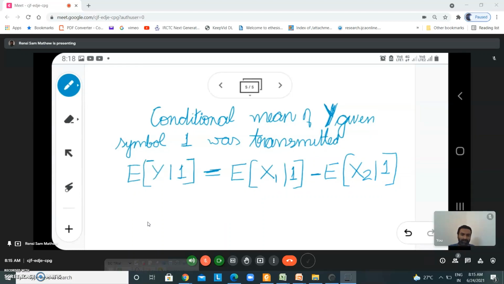What is the expectation of x1 given 1? We already wrote, it is square root of EB. And the expectation means the average value of x2 when 1 was transmitted, which is 0. So this is equal to square root of EB.